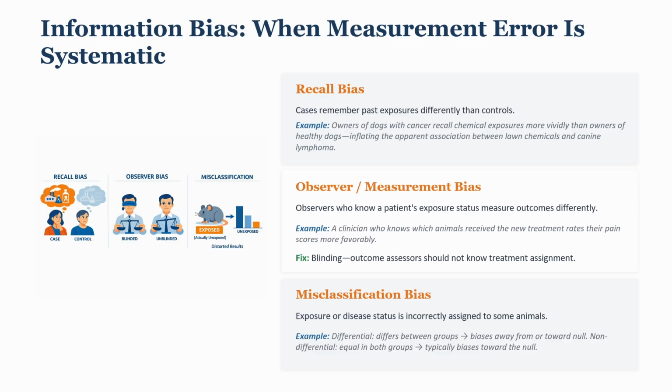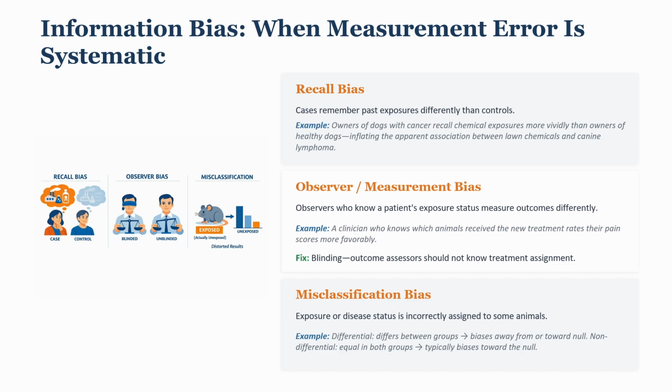Misclassification bias is perhaps the most technically important form of information bias. It occurs when some animals are assigned the wrong exposure or disease status, classified as exposed when they're unexposed, or as cases when they're truly controls.